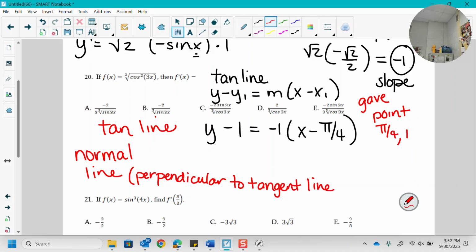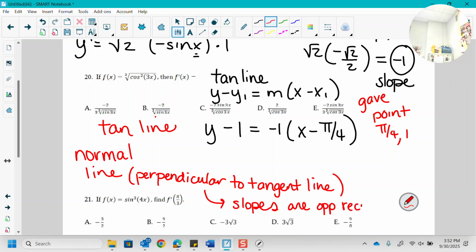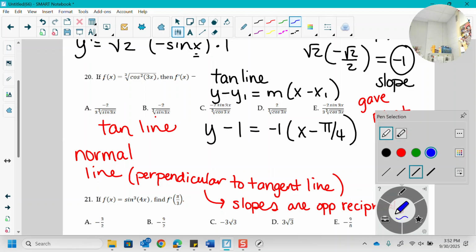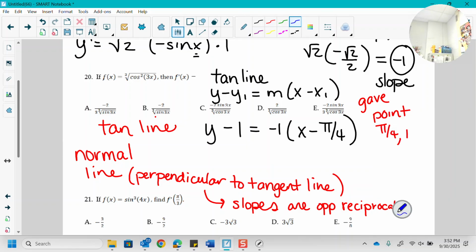So this is a geometry question. Lines that are perpendicular have slopes that are opposites and reciprocals. Which is a little bit more exciting when you have a number that's not a 1, because 1 is its own reciprocal. So my normal line equation is going to use the exact same point, pi over 4, 1.